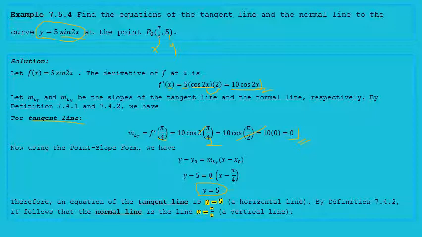So, given natin nga yung point y. So, it follows that, therefore, an equation of the tangent line is y equals to 5, a horizontal line, di ba? By definition 7.5.2 ito, it follows that the normal line is the line x is equal to pi over 4, a vertical line.